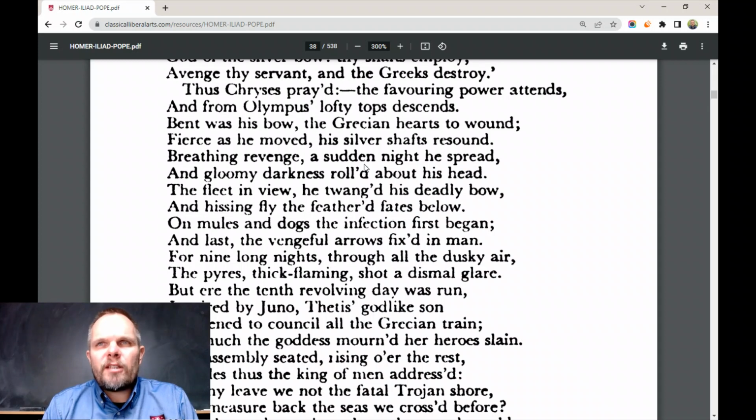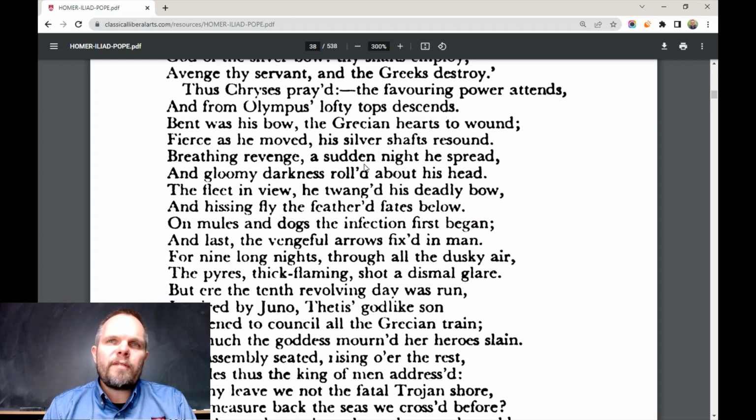Fierce as he moved, his silver shafts resound. That is, in his quiver, his arrows, which are made of silver, were rattling around. Breathing revenge, he was angry at Agamemnon's treatment of his priest. A sudden night he spread, darkness covered the place.